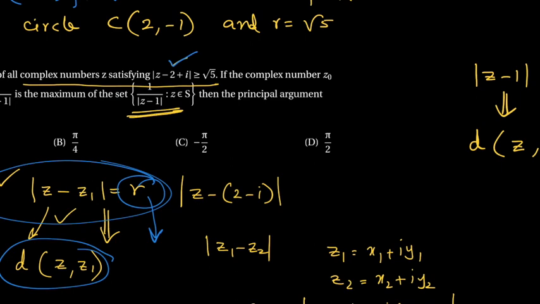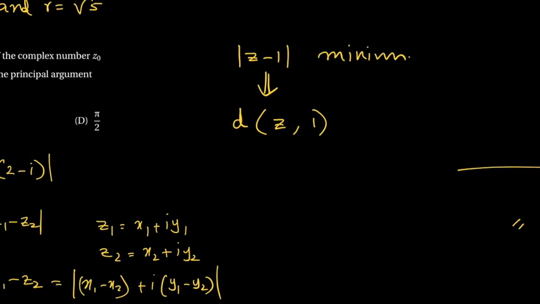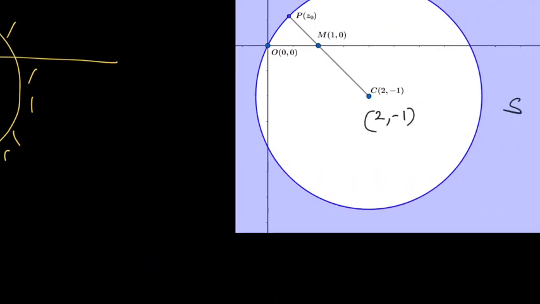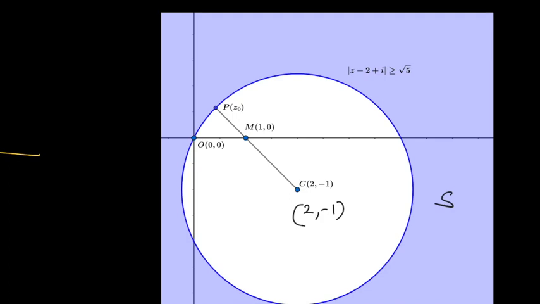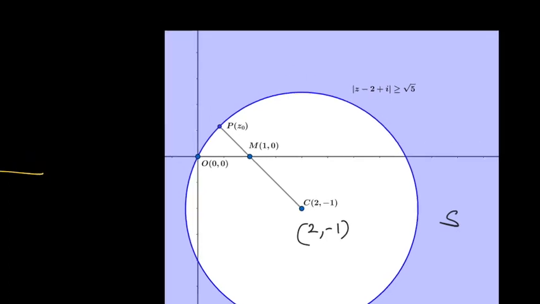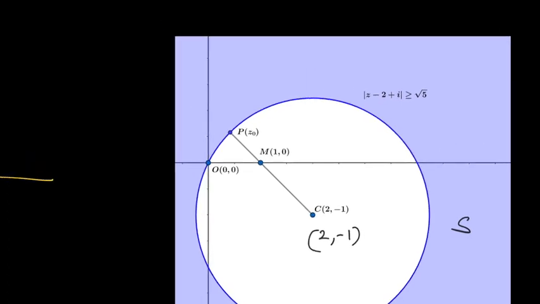Why? Because the reciprocal is maximum. You have to choose a point z such that the distance will be minimum, and this z should be chosen from the set S. Now how will you choose that z? And after choosing that z, you have to call that z as z0.